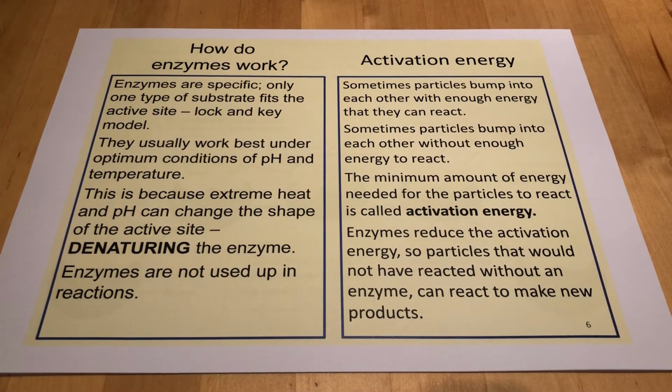And when that heat gets too hot, or the pH becomes too extreme, those cross links break, those bonds break, the protein unravels a bit, and it changes the shape of the active site. So if the active site changes shape, then the lock and key no longer fit together.